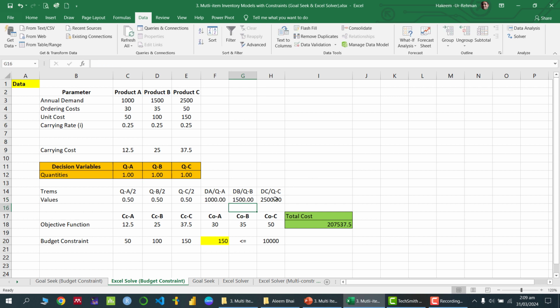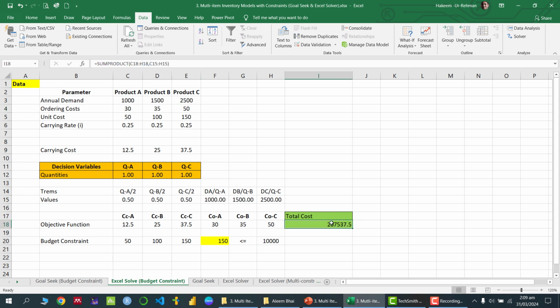Same is the case for C. Once we have calculated the average inventory and the number of orders, now we can write down the carrying cost against A, B, and C. This one for A, this one for B, this one for C. And the ordering cost for product A is given, that is this one, for B this one, and for C this one.